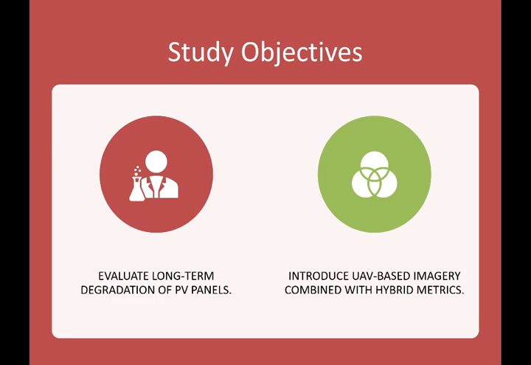So, what are the main objectives of our study? First of all, evaluate long term degradation of PV panels. Being a research scientist in Power China, it's our aim because we are currently installing many power projects inside Saudi Arabia, more than 10 to 12 projects, of 2 gigawatts, 1.2 gigawatts, it's in gigawatts basically.